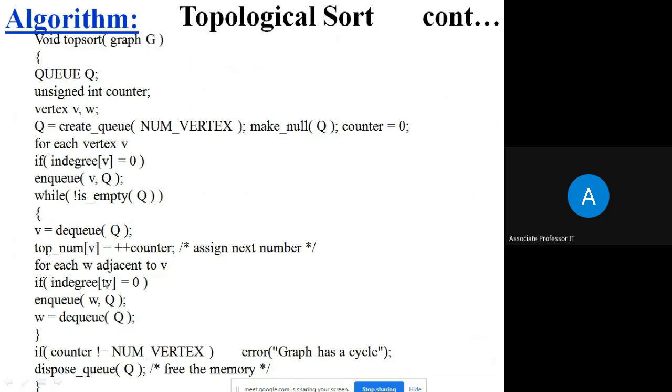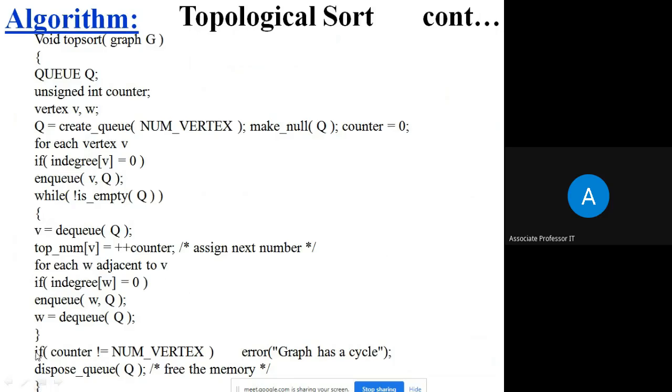So for each W adjacent to V, if indegree of W equals 0, then enqueue(W, Q). Based on the to-do list, these steps are continuously repeated for each adjacent node.